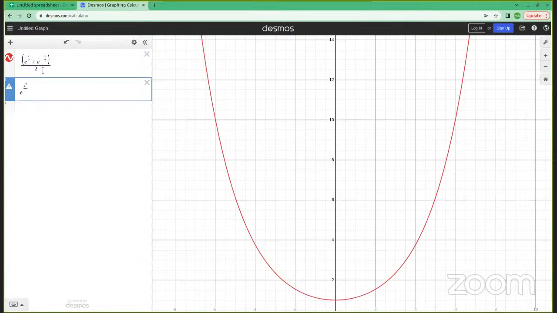So you will get e power x by 2 minus e power minus x by 2, by 4. Is it 0? Oh, okay. Non-zero. It's minus. Right.